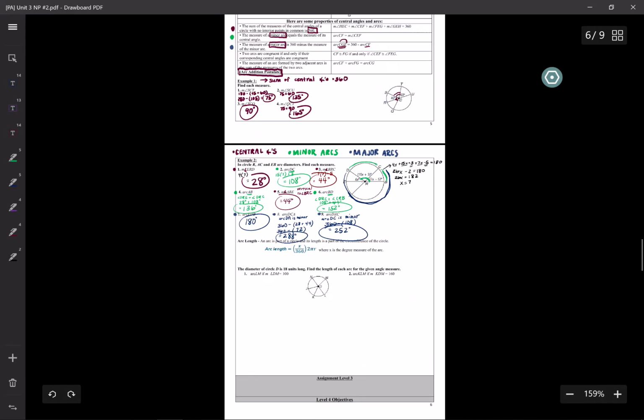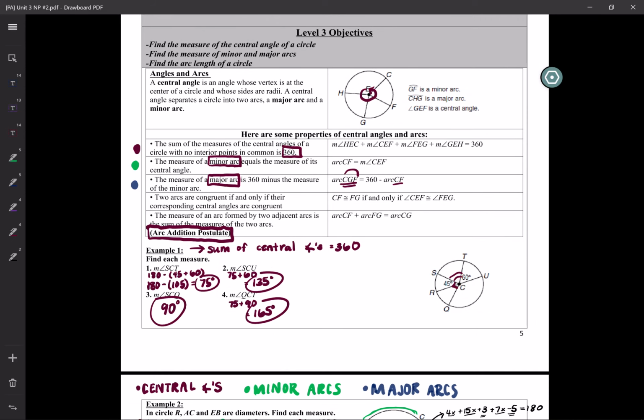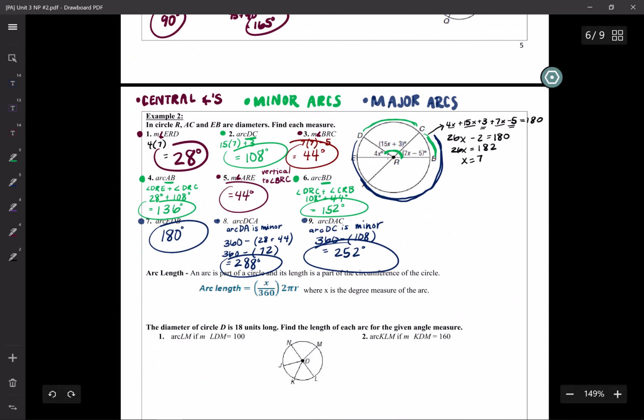Now the last is finding the arc length of a circle, right? So all we did was find the measure of the arcs and the measure of their central angles. And there's a difference between finding the measure of the arc versus the length of it.